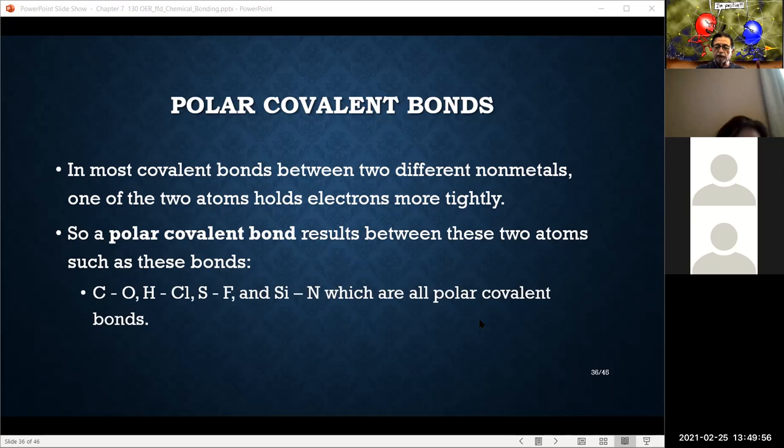So if you have a bond, let's say between hydrogen and chlorine, sulfur and fluorine, silicon and nitrogen, guess what? Those are different atoms, so you don't have to analyze it. Automatically, they're a polar bond. That's a polar bond between those two atoms, carbon and oxygen.